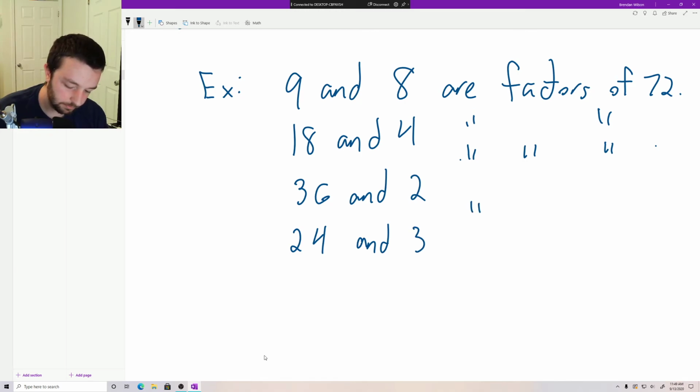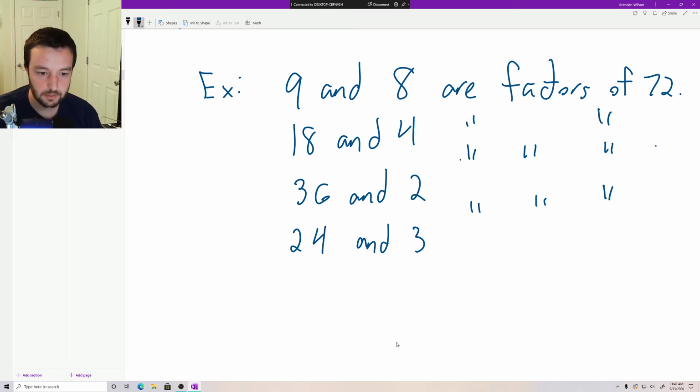I think that's right. 24 and 3 would be factors of 72. There might be more, but I think that might be it though.